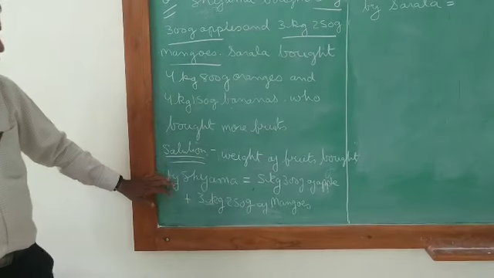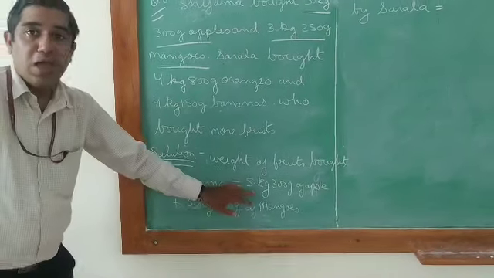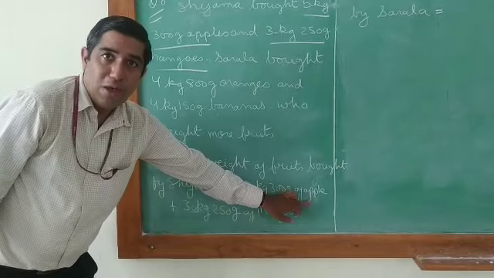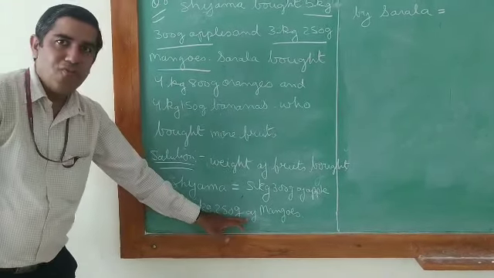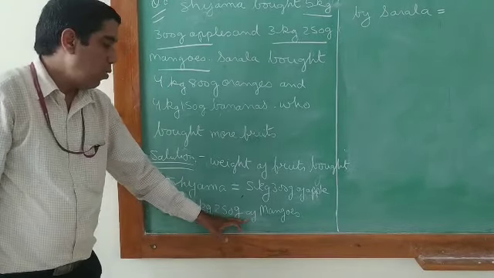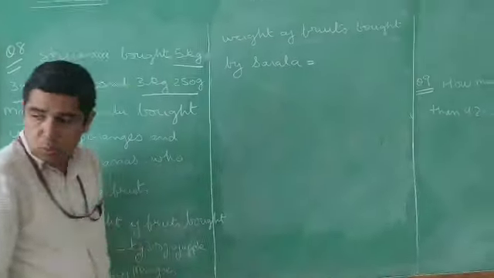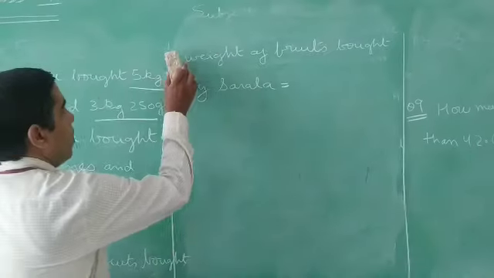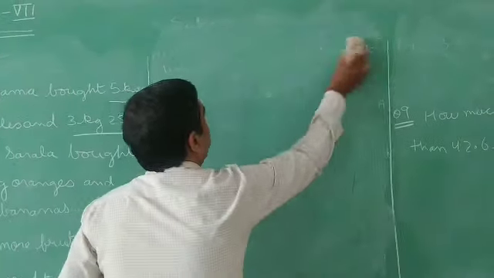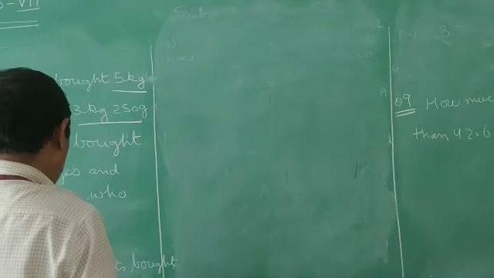You can see here Shama bought 5 kg 300 grams of apple plus 3 kg 250 grams of mangoes. So what is the total now? We have to do total of this one. So totaling of this will be coming like this here. So I will do total of this here.